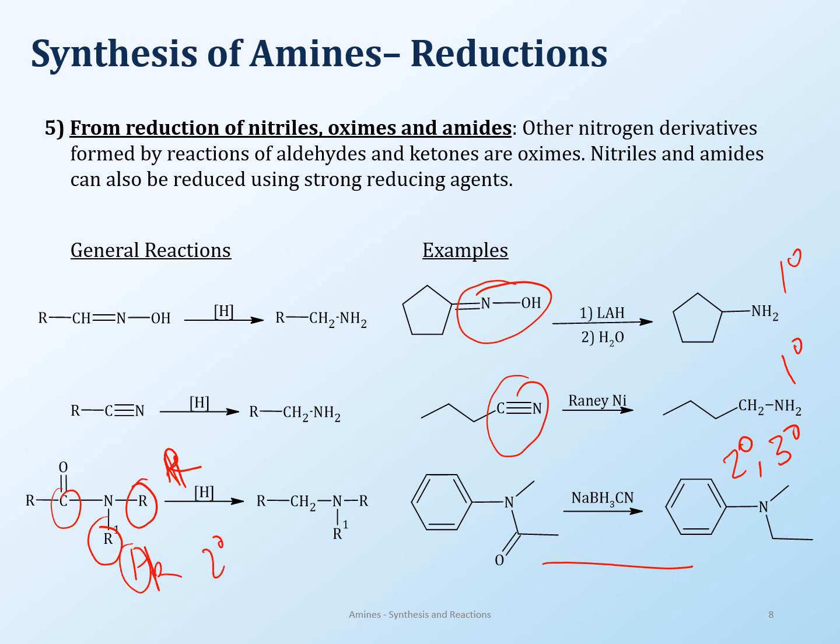If you have R and R, like here, this would be a tertiary. Okay, so depending on what kind of groups you have around nitrogen, with amides, you can actually get primary, secondary, or tertiary kind of amines. Okay, so it depends. Maybe I'll add a slide later on and show you all the different reductions, but it's pretty self-explanatory, I think.